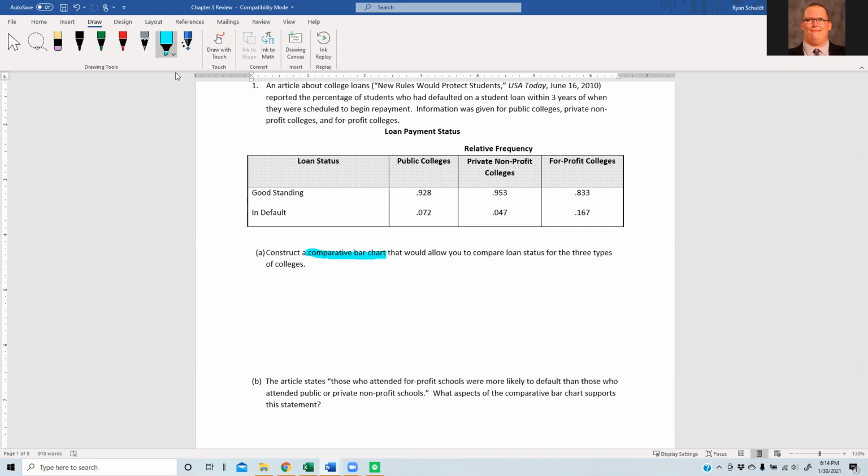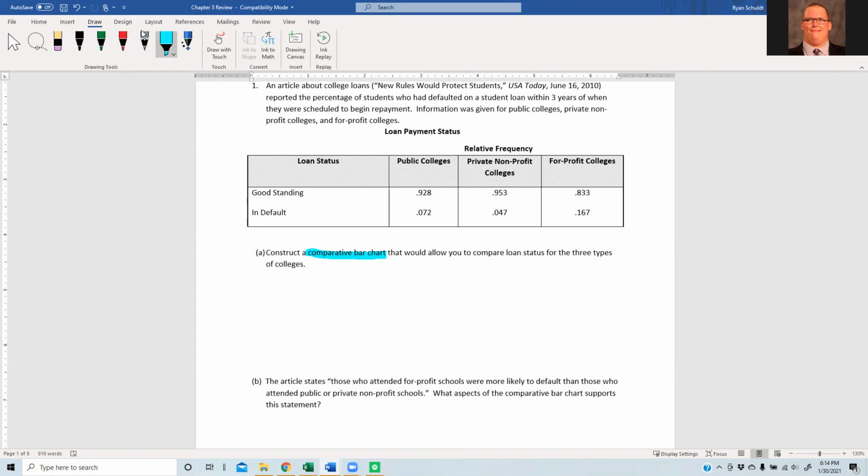Okay, so would allow you to compare the loan status for the 3 types of colleges. So I'm going to do it by college. So my bars will be based on the college.